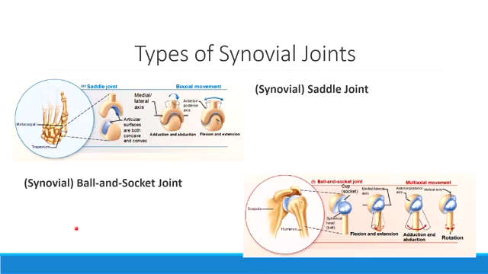Last set of synovial joints. Synovial saddle and synovial ball and socket. When you think about a saddle joint, it looks like a person sitting on the saddle of a horse. And when you sit on the saddle of the horse, there's two kind of ways you could fall off the horse. Way number 1, we're falling off on the side.